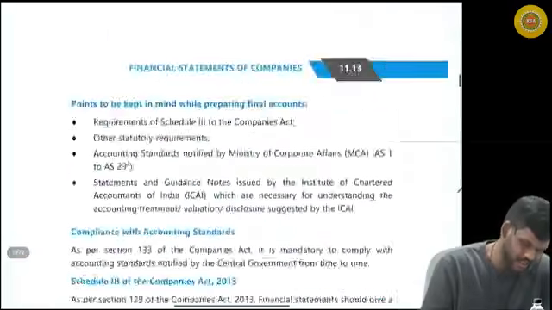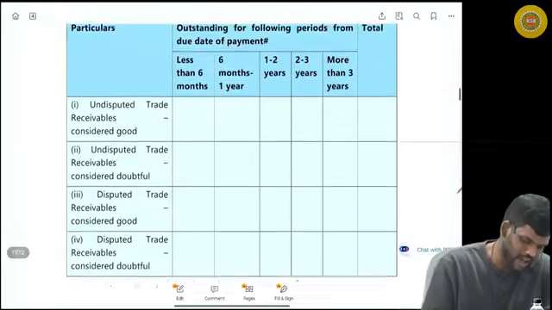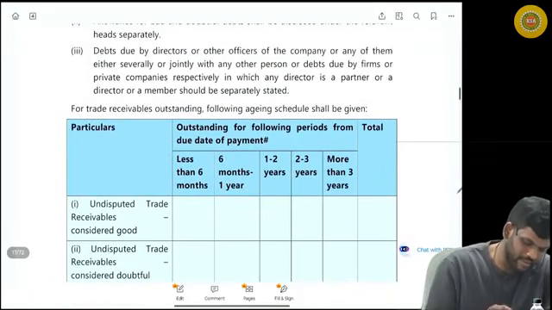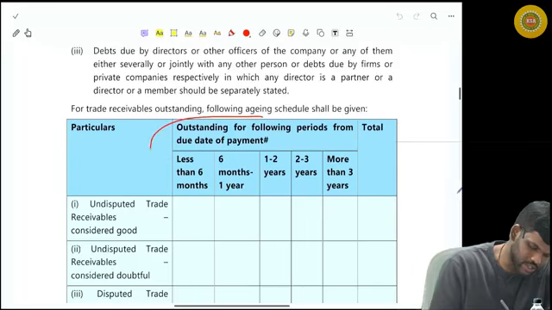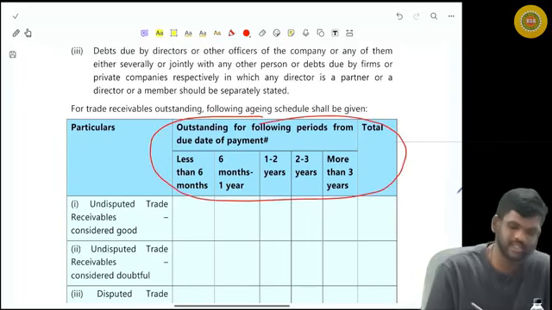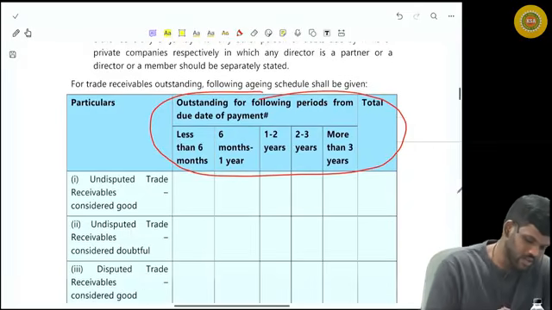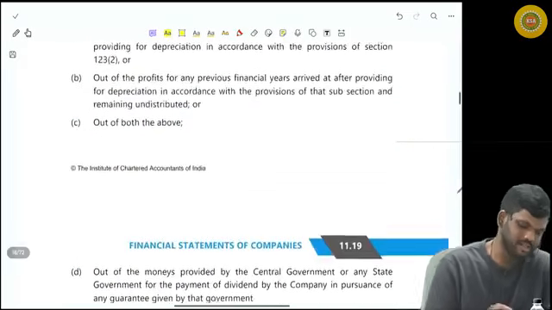This you can go through in the end, but first focus more on sums from a revision perspective. And you remember I was telling you about the new amendment aging schedule. This is the aging schedule which they want to give now. So no longer is greater than 6 months applicable, but still in answers they are following that. So if in the exam they ask that, please follow it.